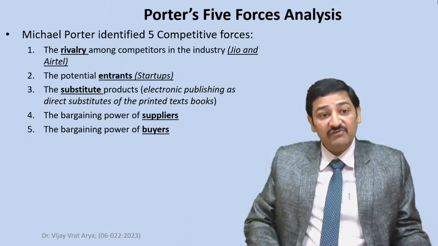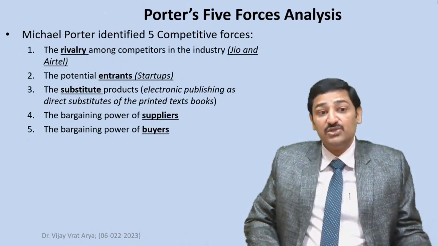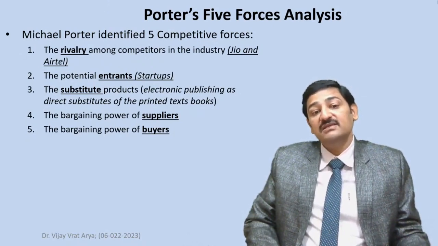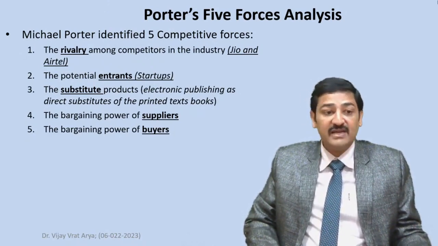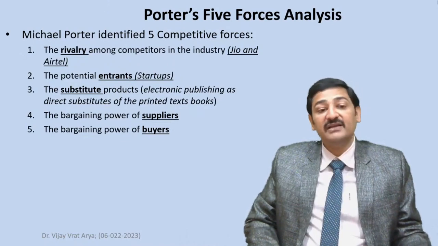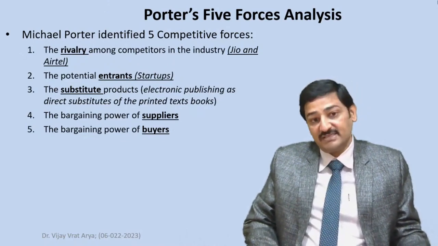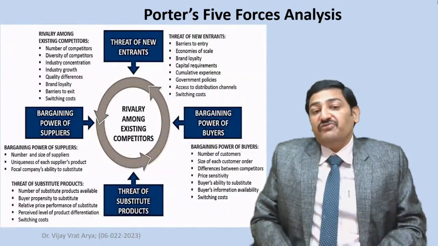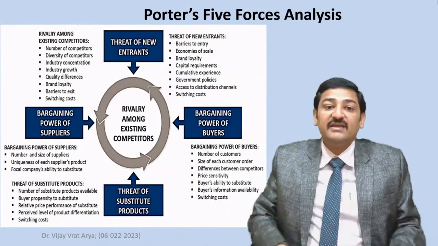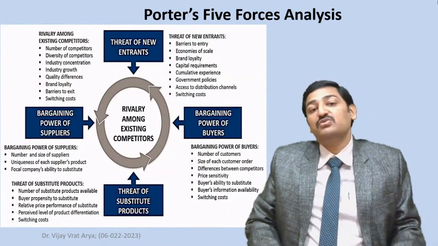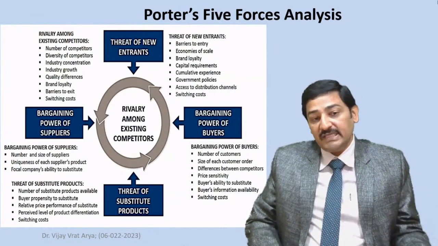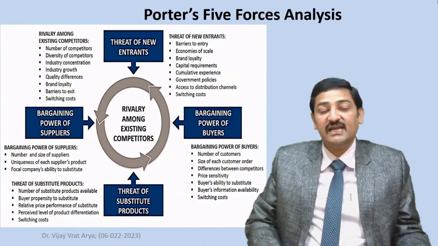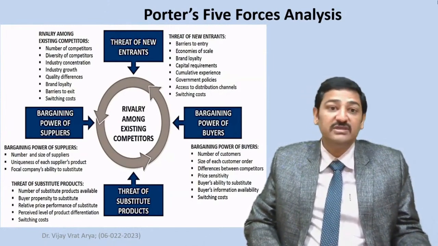One was rivalry, second is new entrants, third is substitute products, fourth is the bargaining power of suppliers, and fifth is the bargaining power of buyers. We will discuss in detail through this visual. You can easily identify the key components within each one of these five forces identified by Porter.